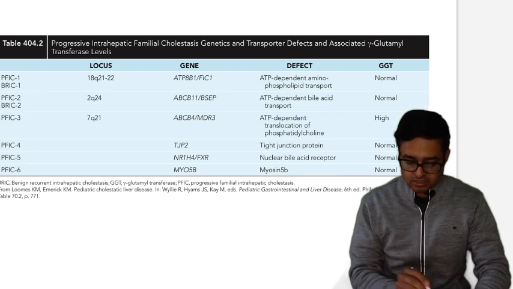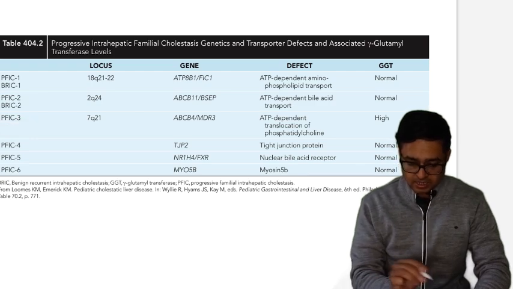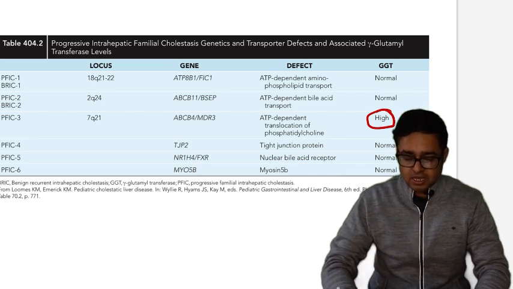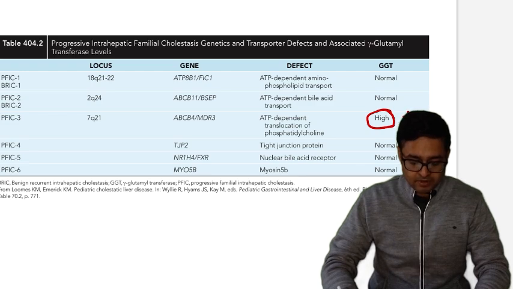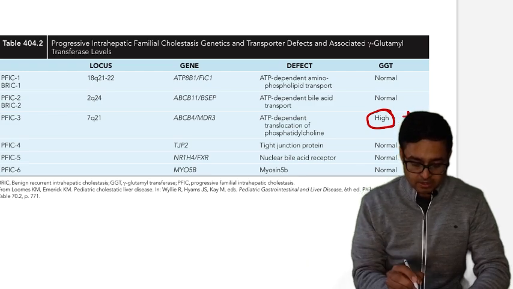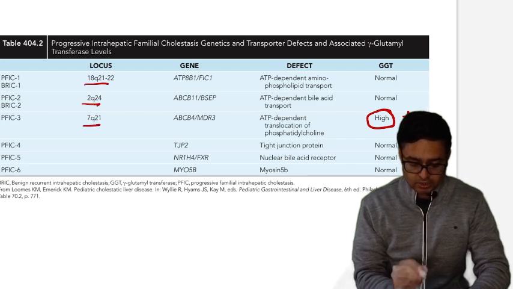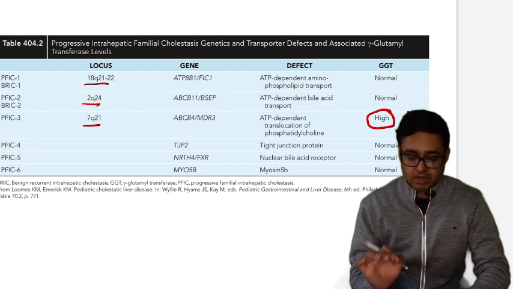First thing, in PFIC3 GGT is high. This is important. We have seen only in PFIC3 GGT is high. In other conditions GGT is normal. In other PFIC, just remember PFIC 1, 2, and 3, the loci 18q, 2q, and 7q. This is important, just mark my word.